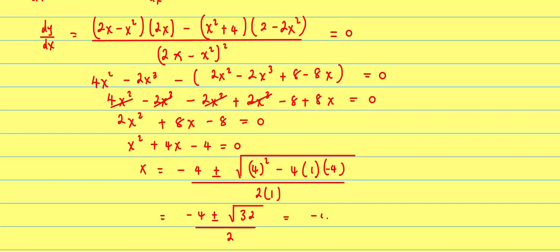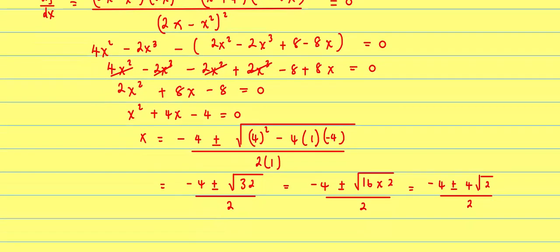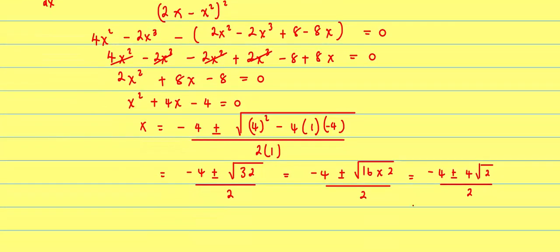This is equal to minus 4 plus or minus the square root of 16 multiplied by 2. Okay, so 32 is equal to 16 multiplied by 2, and this is divided by 2. The square root of 16 is equal to 4, so we'll have minus 4 plus or minus 4 multiplied by the square root of 2, and we can divide throughout here by 2.